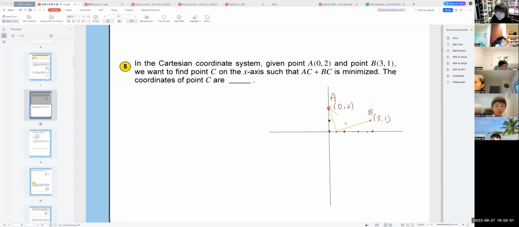If C is here, so AC plus BC is here. If C is there, AC plus BC will be like that.